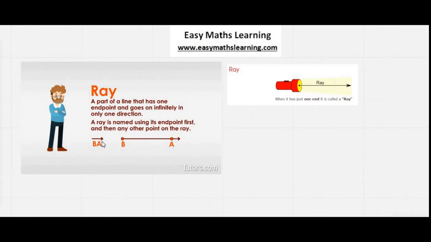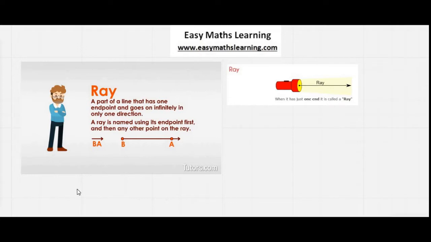So this is the basic definition of a ray, and on the right side this diagram helps you to understand what a ray is. Hope the concept of this ray is clear to you. Go through it once or twice yourself to make the understanding clear.